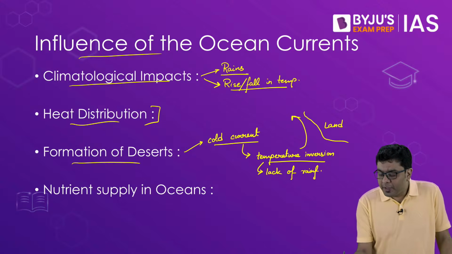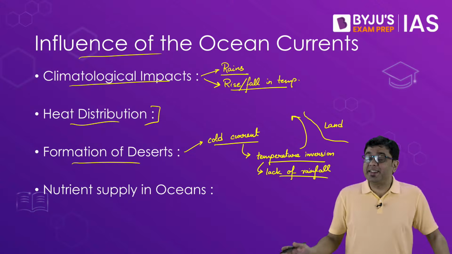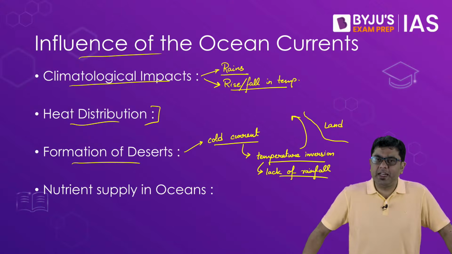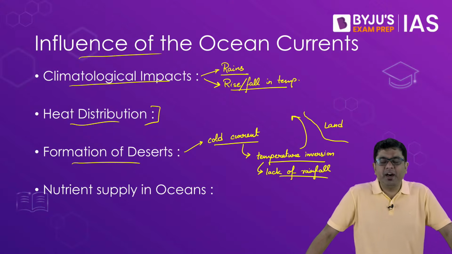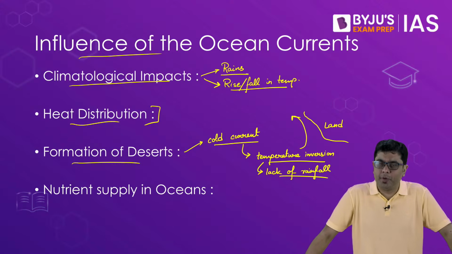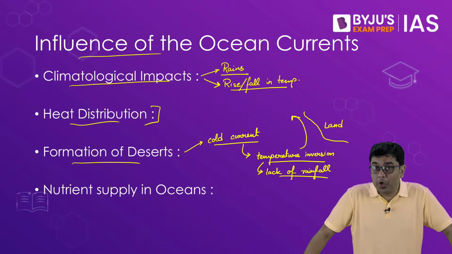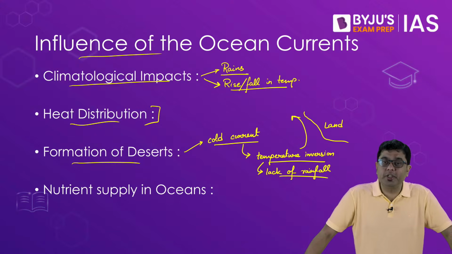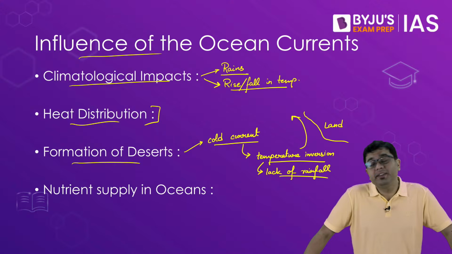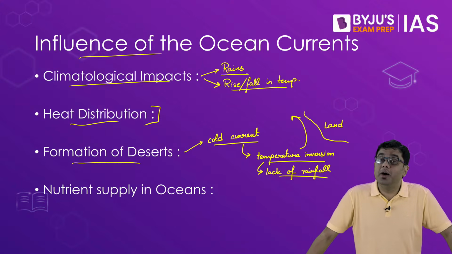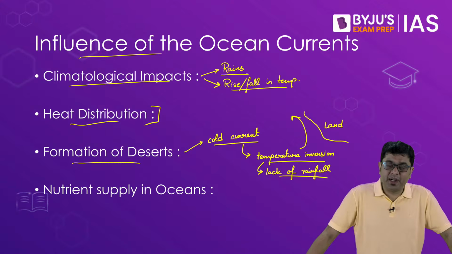So wherever you have the cold currents in existence, especially across the western coastline of the continents, you will observe a kind of desert formation. For example, the Peru current or the Humboldt current in the southern Pacific, on the western coastline of South America, can be attributed to the dry conditions in the Atacama Desert.